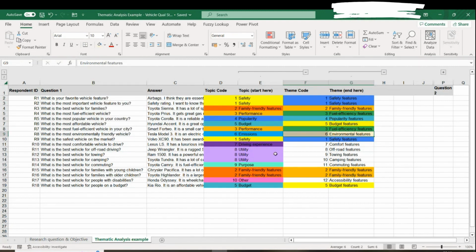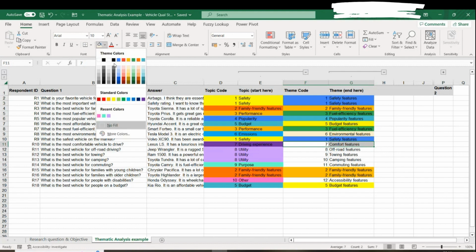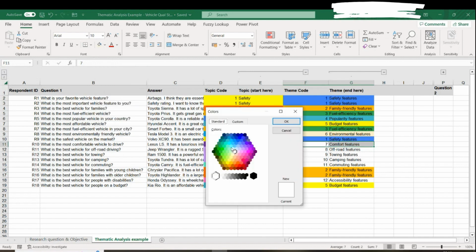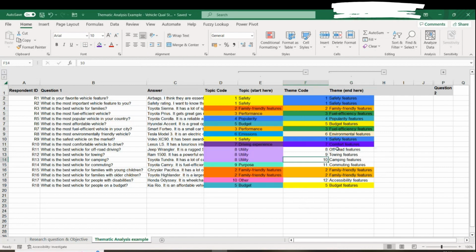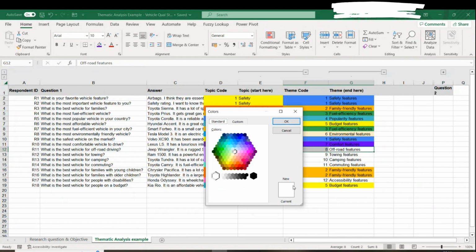And then we look into comfort features, which is number 7. That will also have a different color. Running out of colors, so you must stick to few colors or few themes, like 5 max. And then another one is off-road features.